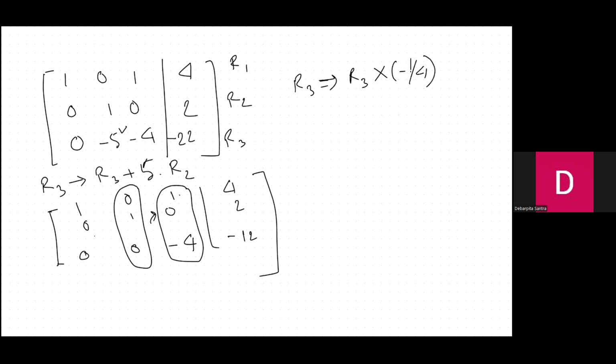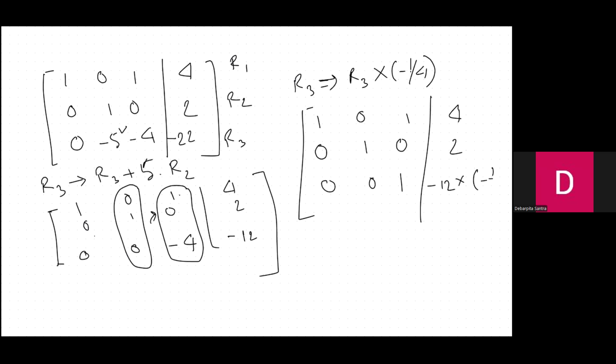So, what will happen? 1, 0, 1, this is 4, this is 0, 1, 0, this means 2, 0, 0, 1, and this will be minus 12 into minus 1 by 4, that means 3. Okay. So let me just write down properly. It is 3. So 0, 0, 1, 4, 0, 1, 0, 2, 0, 0, 1, 3.